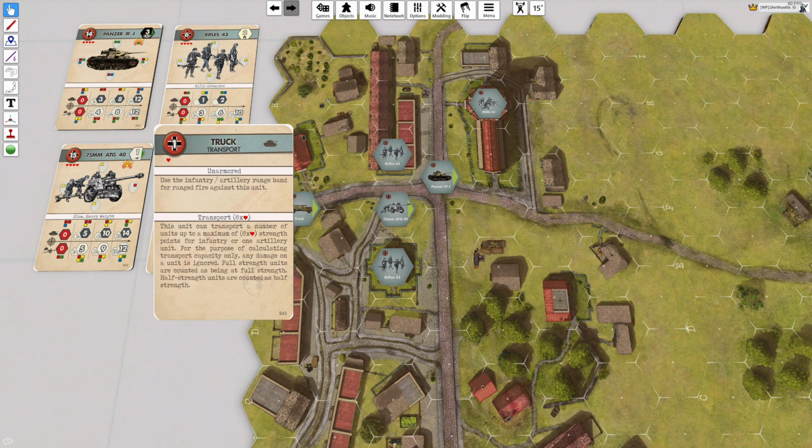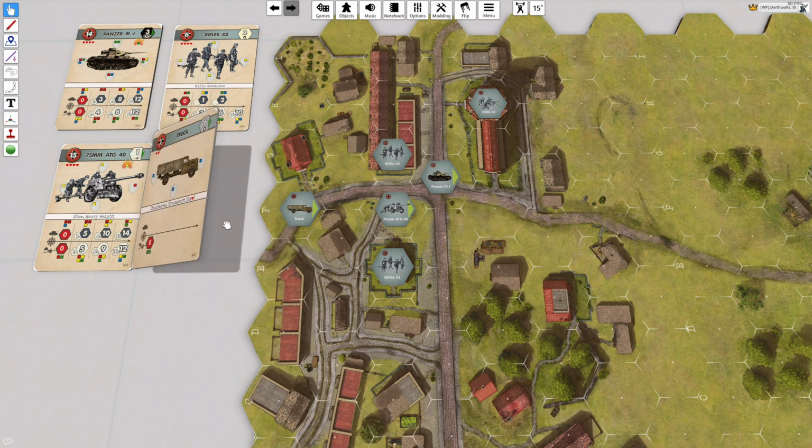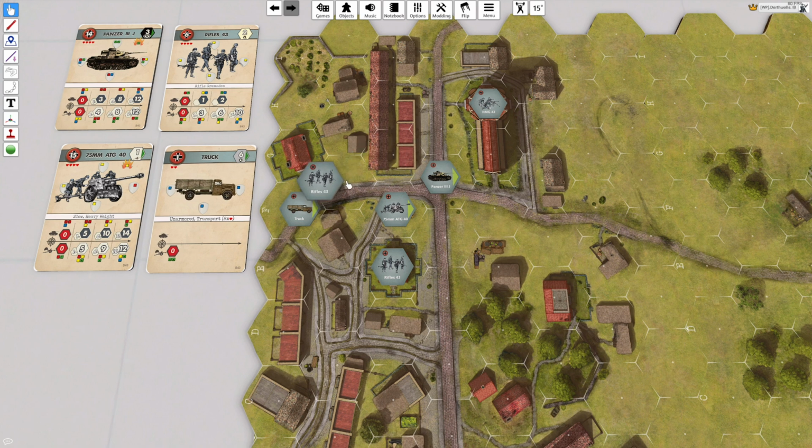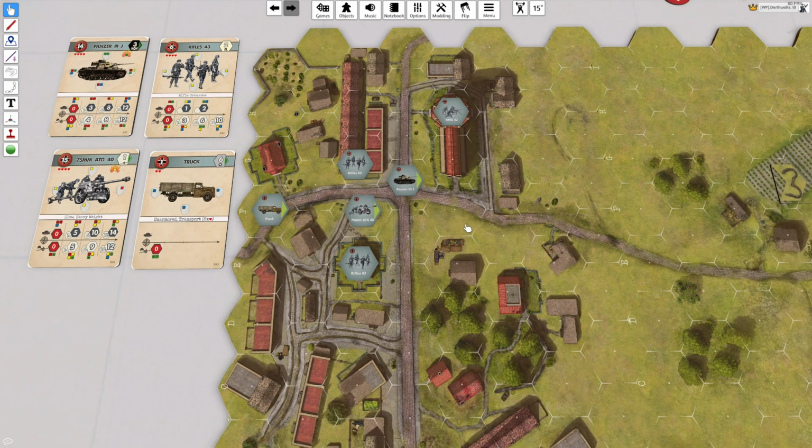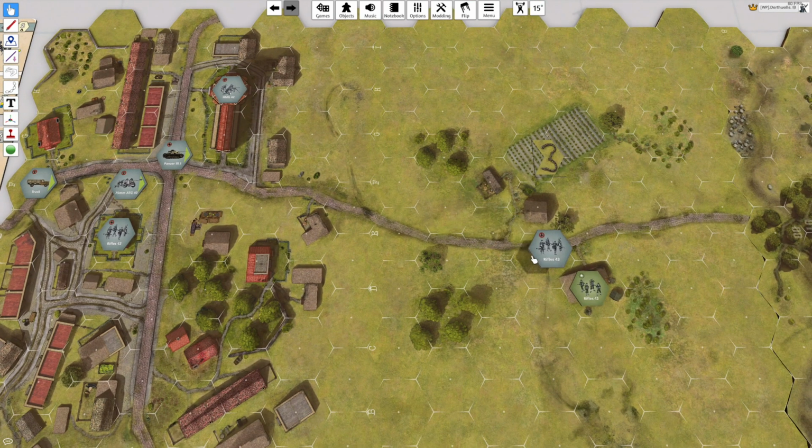This unit can transport a number of units up to 8. So you can put in, for example, 1 unit here and a second unit, and then you have a stacking limit of 3. For close combat, it's clear that if this unit moves into close combat, you have a stacking limit of 2.